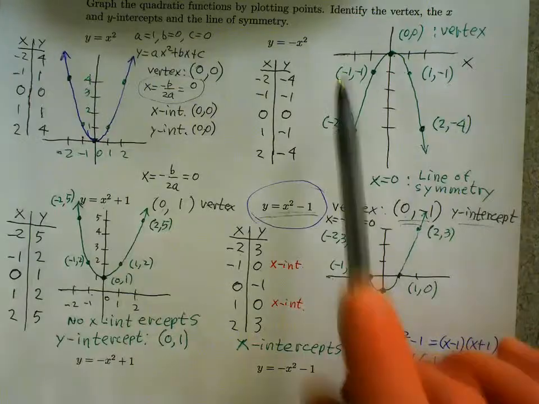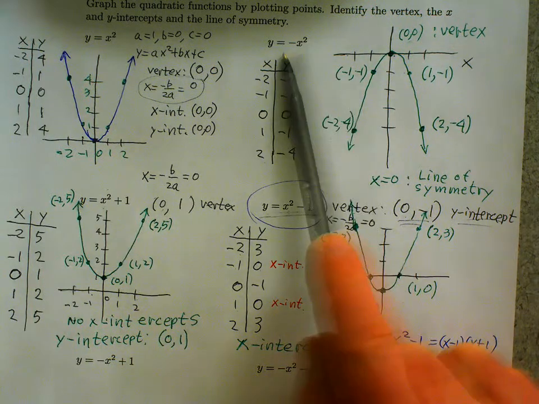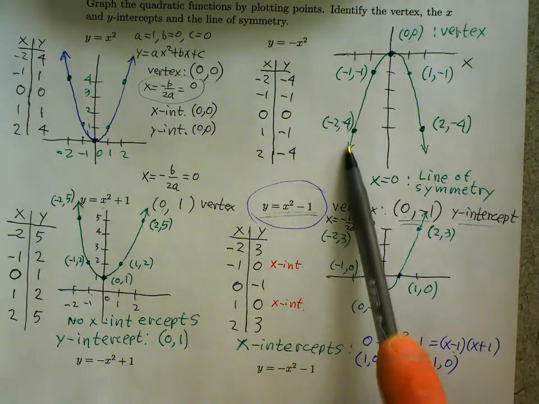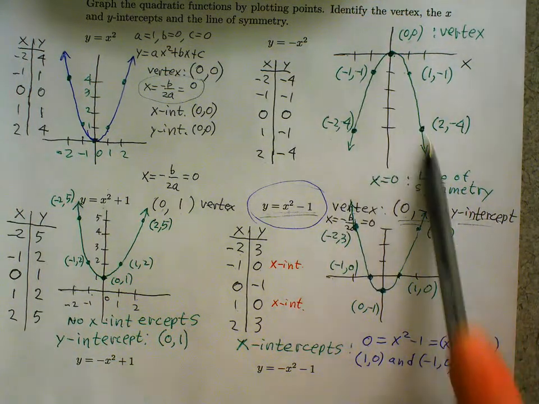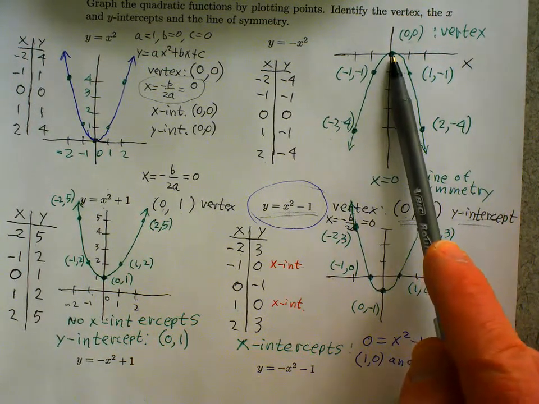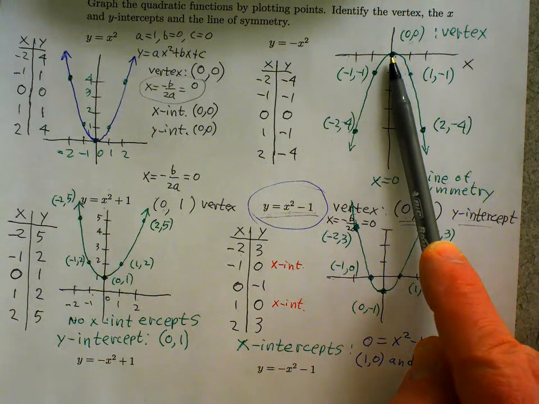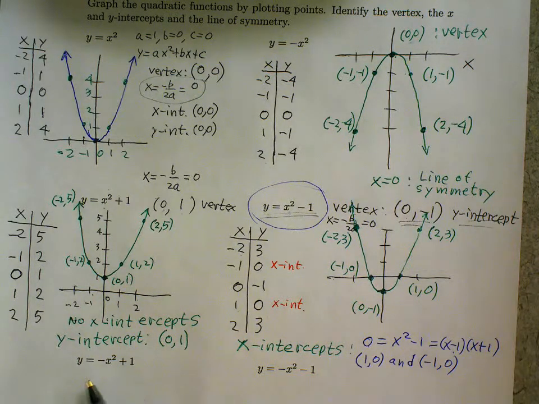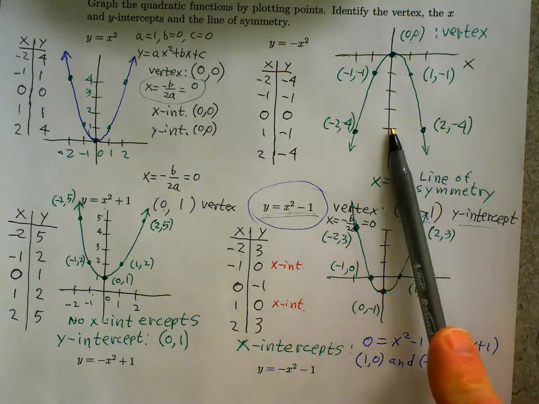So up here we graphed y equals -x squared. That is a parabola that opens downward, and the highest point, or the vertex, is at 0, 0. So we could get a graph of y equals -x squared plus 1 from the graph of y equals -x squared if we did what?